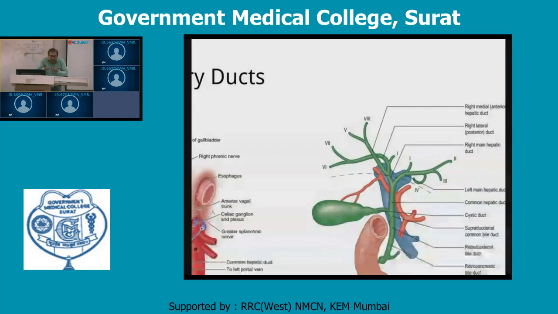Behind it is the portal vein once again, and towards the left is the gastroduodenal artery. The infraduodenal part is located behind the pancreatic head and in front of the IVC. So this is all about the important relations of the CBD.